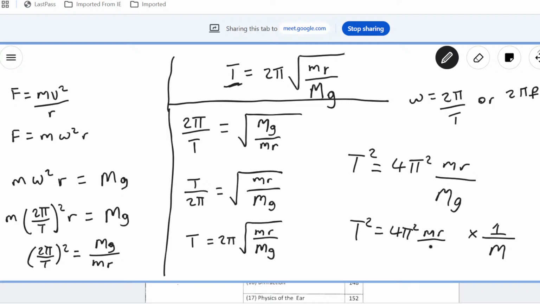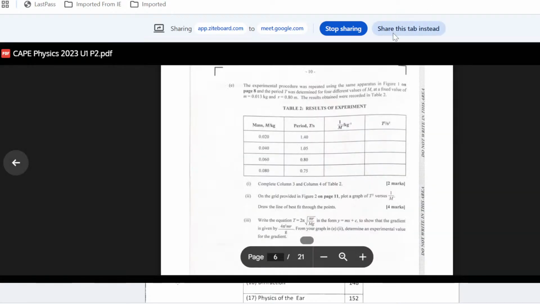So that's y equals mx plus c, where c is 0.